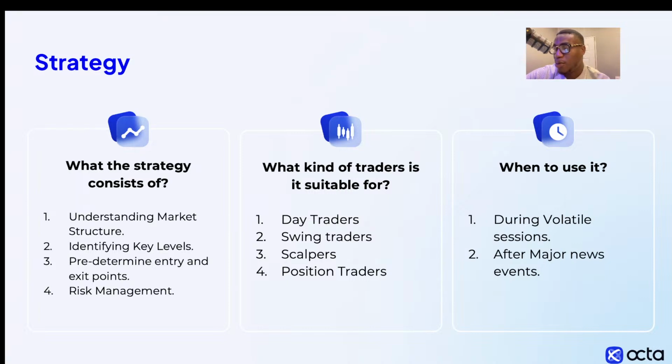Let's say you come into the chart and you want to trade Euro USD. You check what's going on economically with the dollar, and you should also check what's going on economically with the euro.